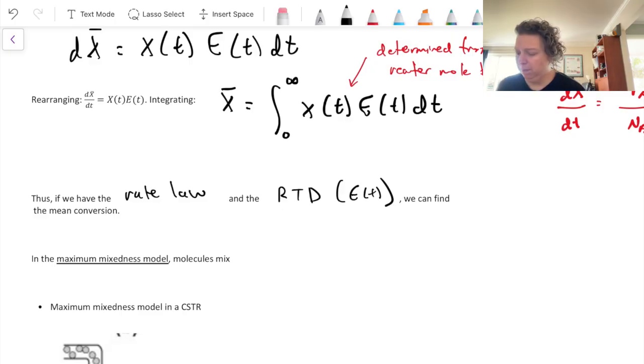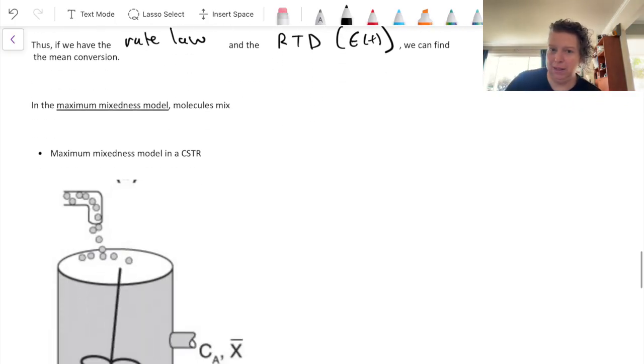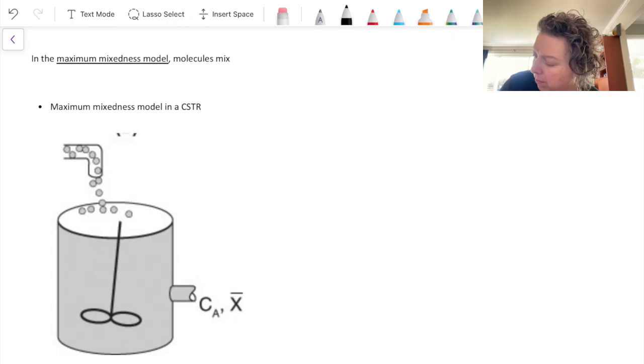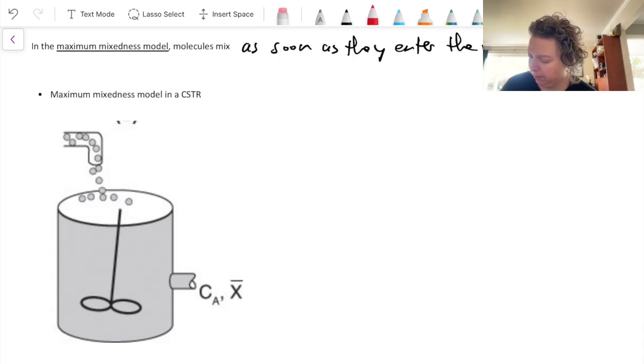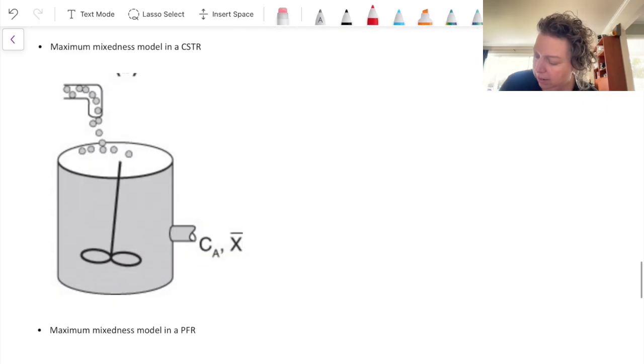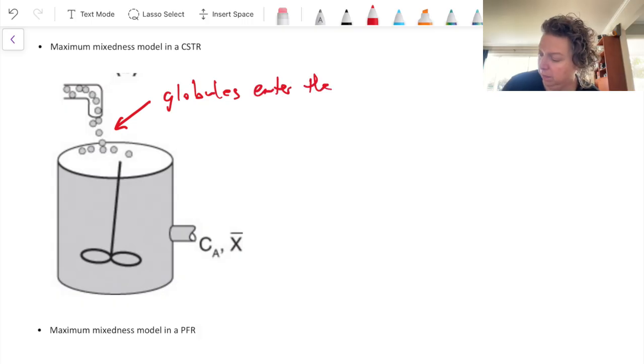In the maximum mixedness model, molecules mix as soon as they enter the reactor. So if we look at what that might look like in a CSTR, here's our globules entering the reactor and then they're instantly well mixed.